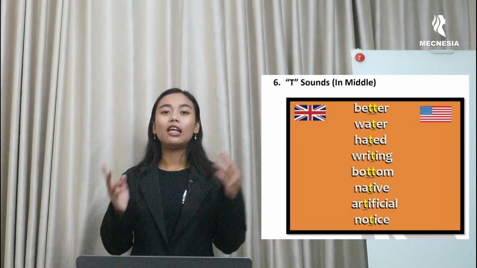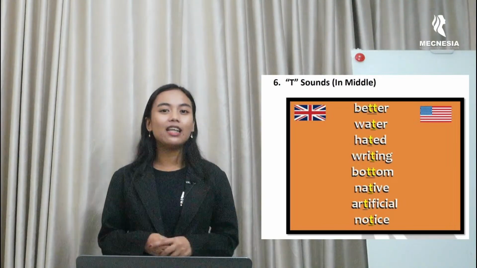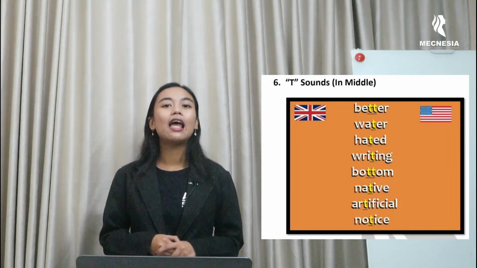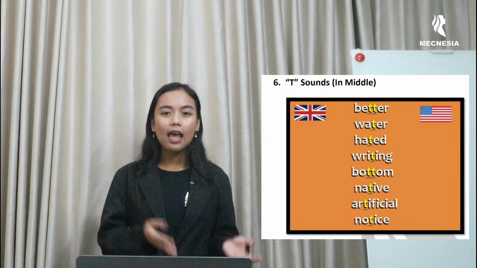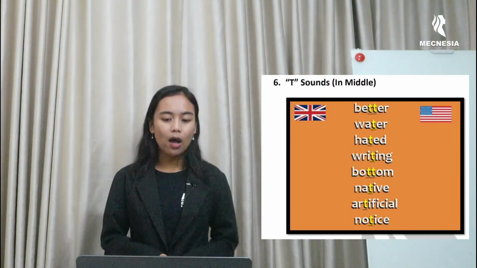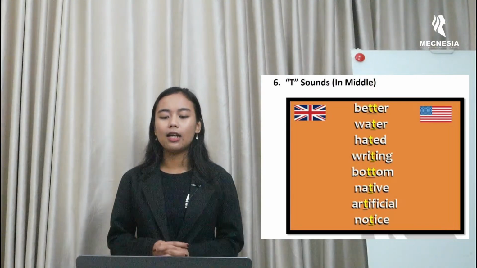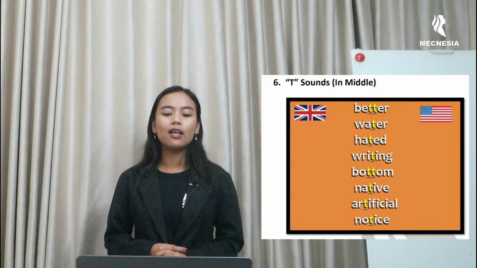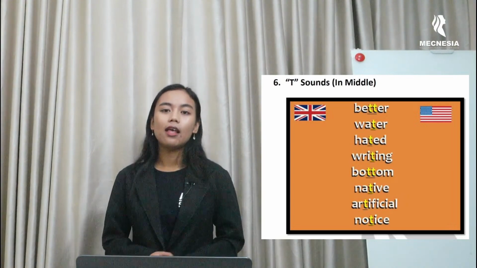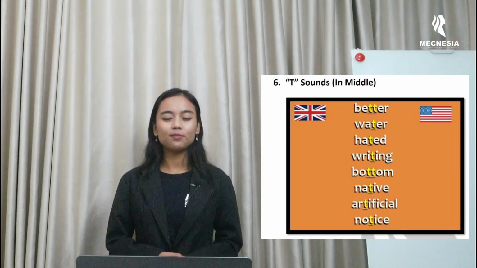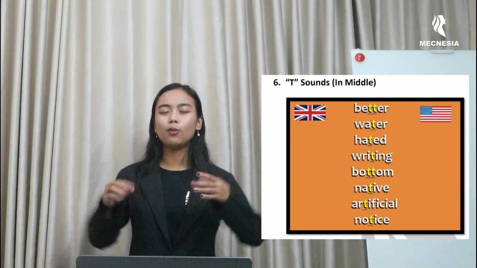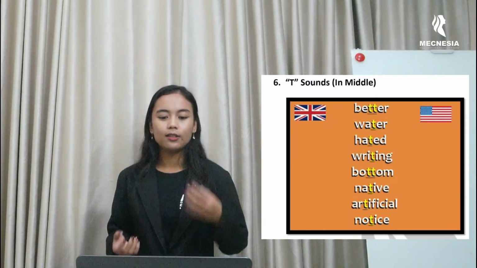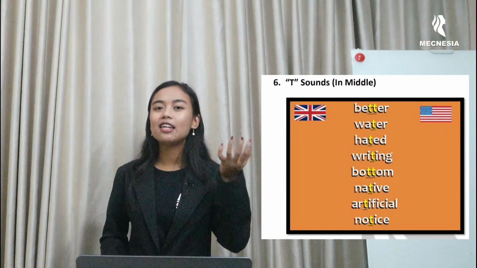The next, we have the word hated. In British accent, we say it hated, pakai T. While in American accent, sedangkan di aksen Amerika, we say it hated. In American, we say it with a D sound. Kita mengucapkan T-nya sebagai D. So, in British, hated.